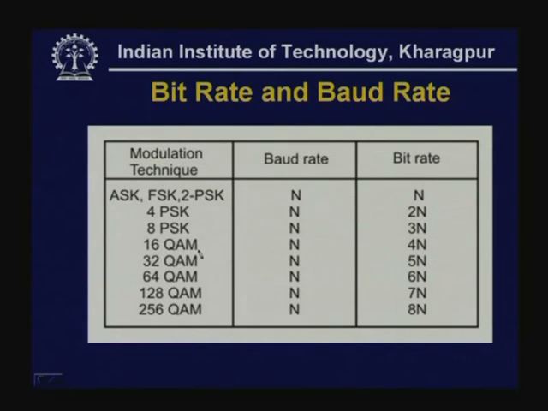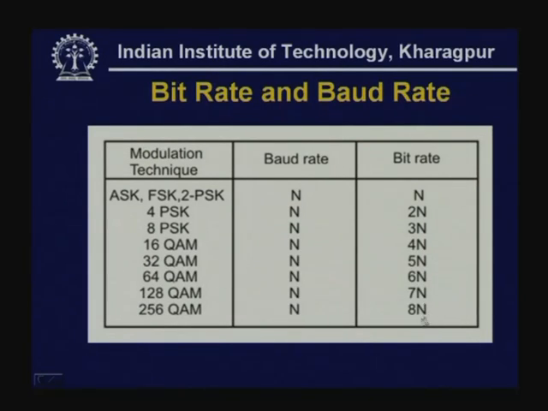For 16 QAM, for baud rate of n, you get bit rate of 4n. Similarly, for 32 QAM, for a baud rate of n, you get 5n bit rate. For 128 QAM, for baud rate of n, you get bit rate of 7n, and for 256 QAM, for baud rate of n, you get 8n.